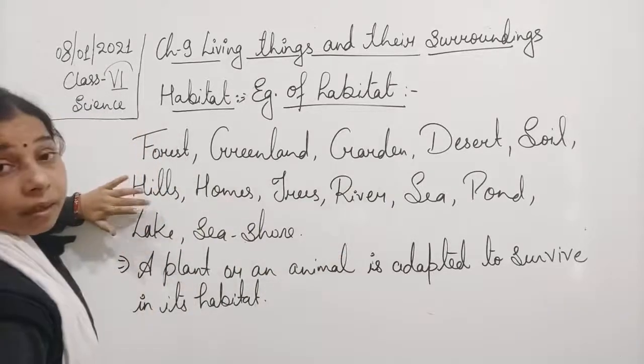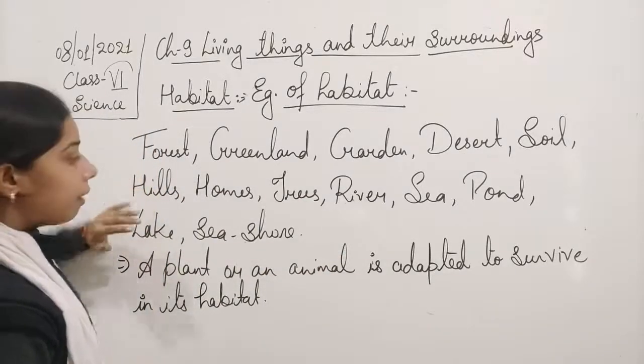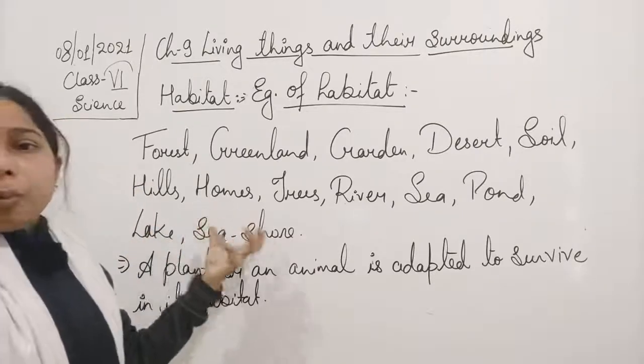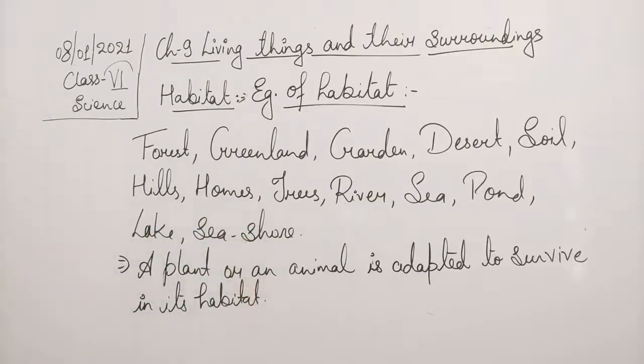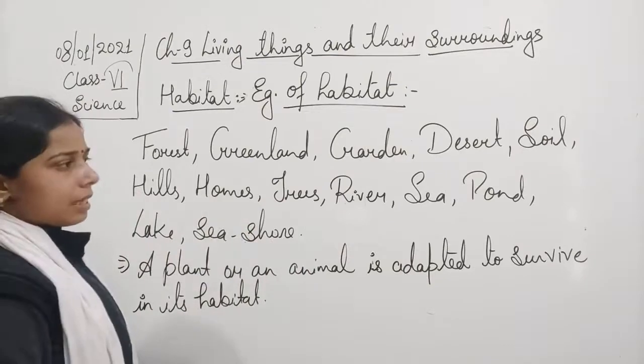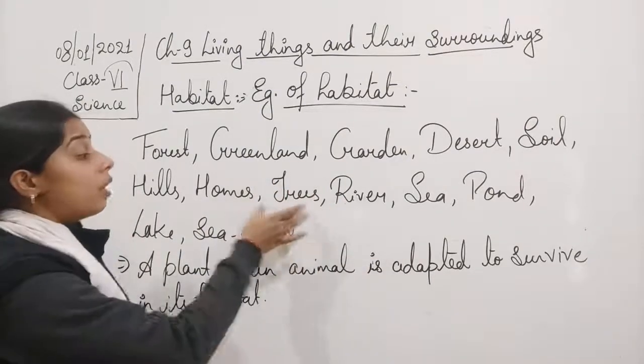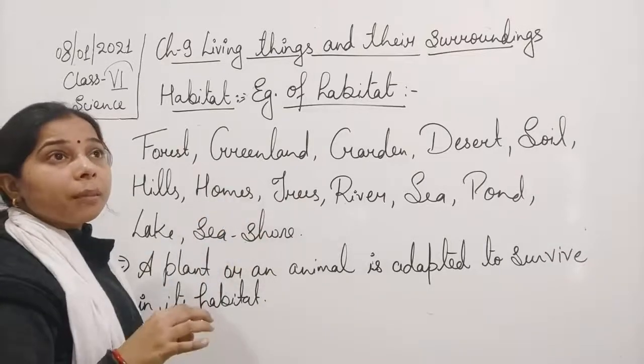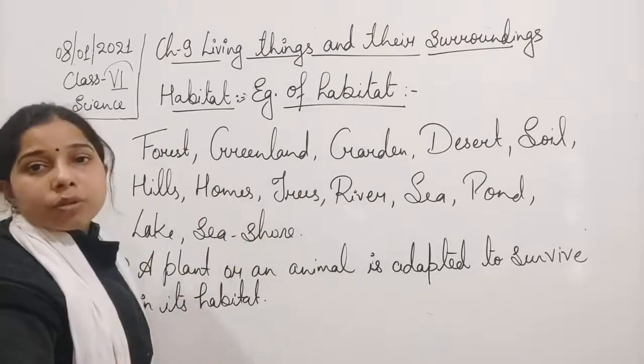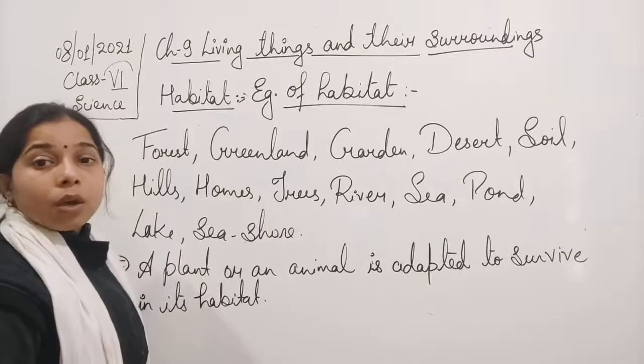Then some of them used to grow in the hilly area. They used to grow in the home. Here homes means, students, basically the garden area only. Now trees at home, you have seen that some of them grow in pots also. So people grow them in pots in their home.